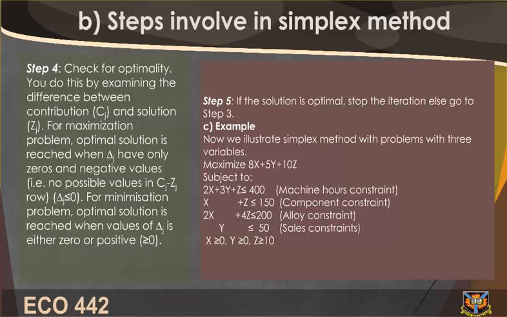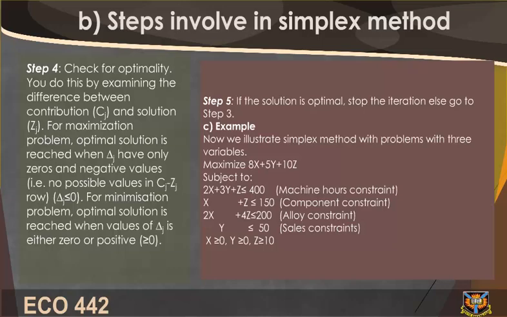C. Example. Now we'll illustrate the simplex method with a problem with 3 variables. Maximize 8x plus 5y plus 10z. Subject to 2x plus 3y plus z less than 400.